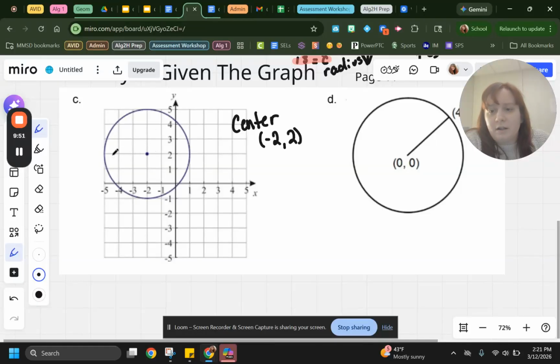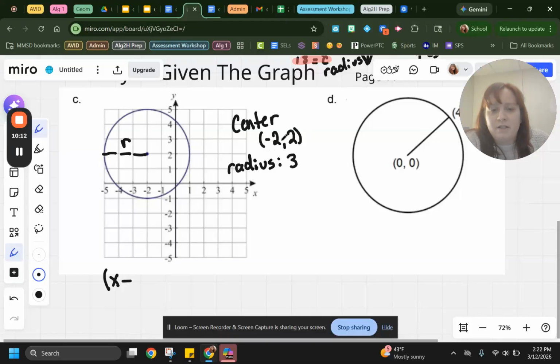I'm going to count to the left here and stop whenever I hit my circle. So I have 1, 2, 3 units. That is my radius. So that means my radius is 3 units.